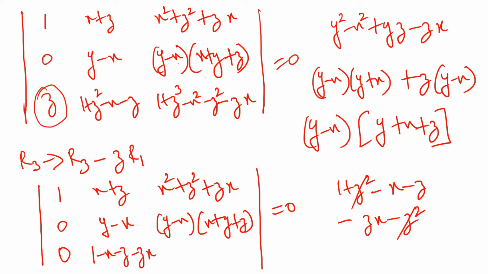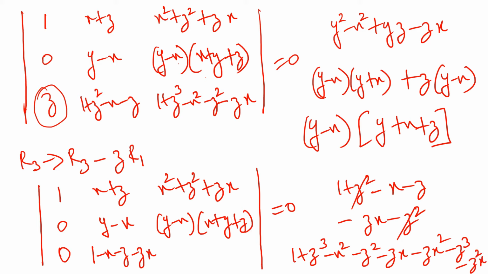Fine. And similarly, we'll have to calculate the value at the third position of the third row. So it will be coming as 1 plus z cube minus x square minus z square minus zx, and it is going to be minus zx square minus z cube minus z square x.